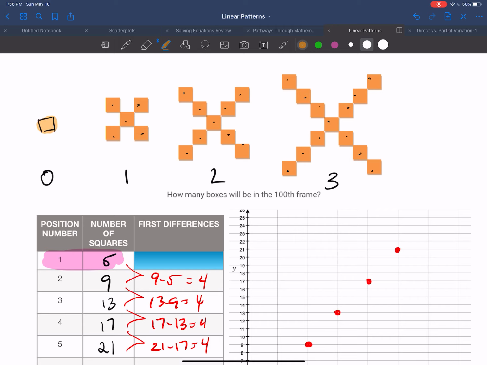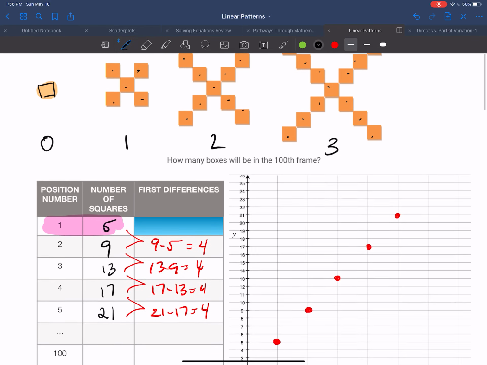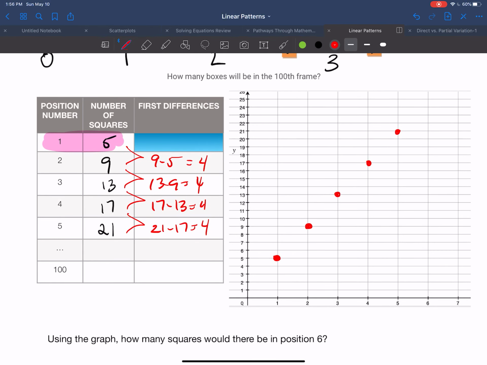So in position 0, I'd have 1. And we don't have it in our table, but let's pretend on our graph here, if I went to position 0, which is here, I'd have 1 square. So let's connect that. Okay, it's a line with an arrow at the end because it's going to increase. It's going to go forever.